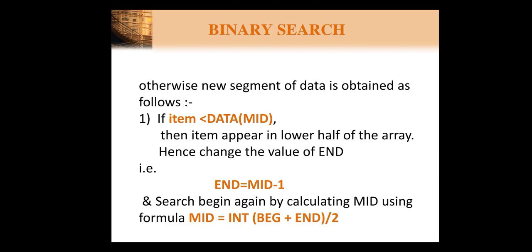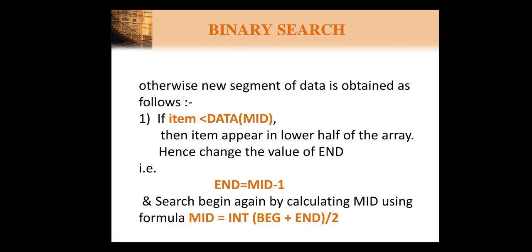That means you have to check whether the element you want to search is smaller than the mid value or greater than the mid value. Why is it so? Because if your atom value is smaller than your mid, then it is available in the lower portion of your array, right? If your array is arranged in ascending order and your atom value is smaller than the mid value, that means your atom is present in the first part of the array.